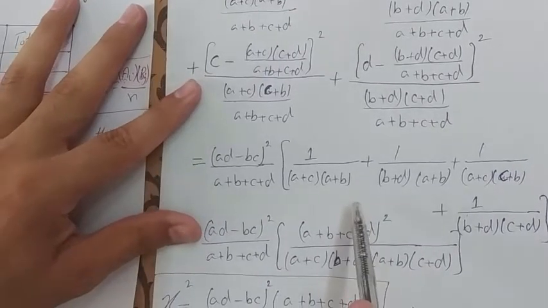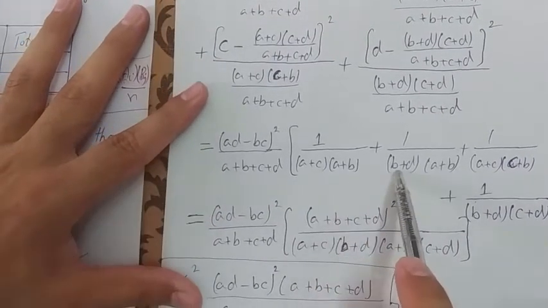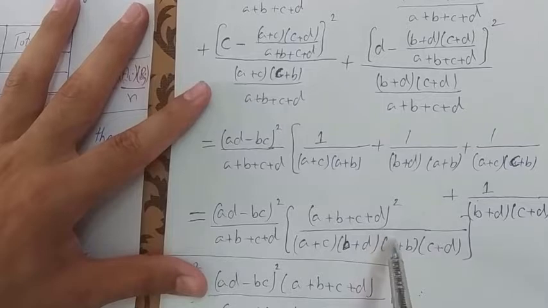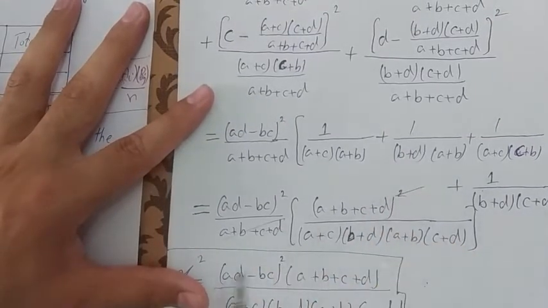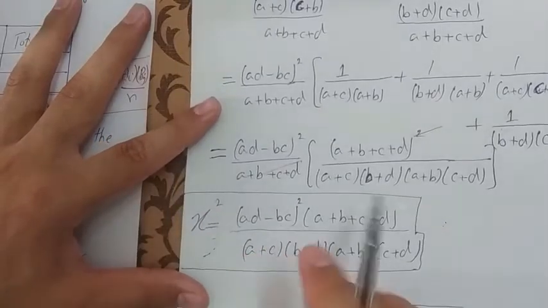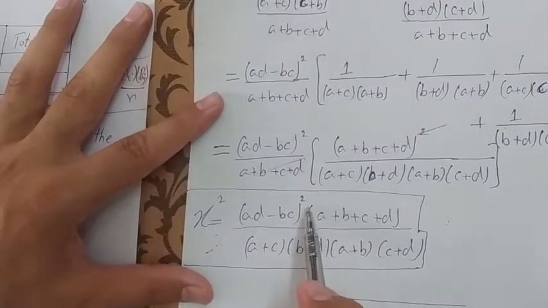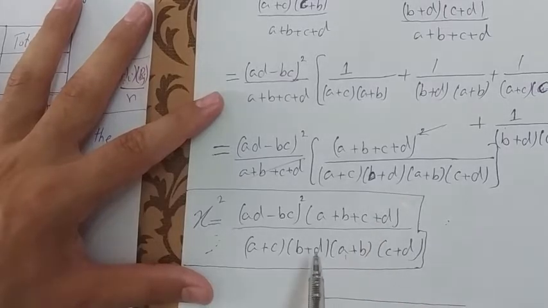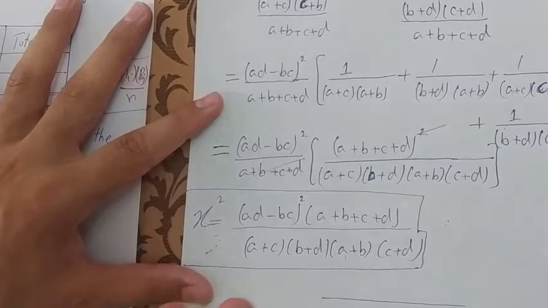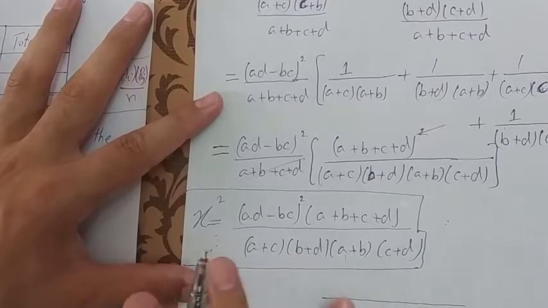Now with more simplification, we cancel this relation with this, and the remaining required result is (ad minus bc) whole square into this over this. This is what we prove, which is the proof for this problem.